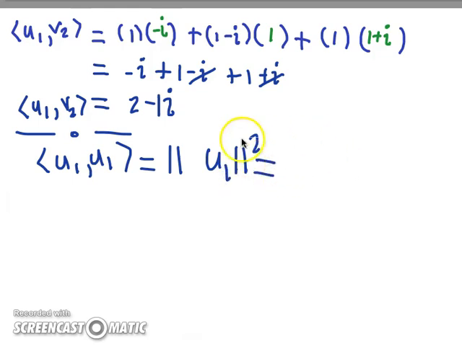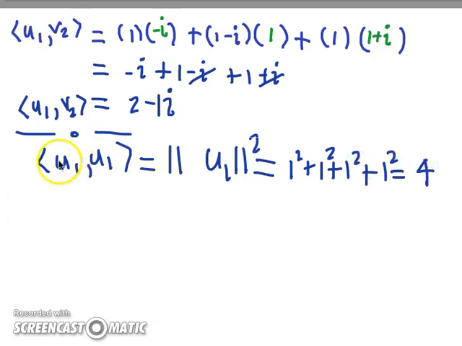Either by remembering this is the square of the norm, or simply by applying the definition, you compute the conjugate of u1, which you had already done on the previous expression. Multiplying the conjugate times itself, you end up with 1 squared plus 1 squared plus 1 squared plus 1 squared, which equals 4. So the inner product of u1 with itself equals 4.